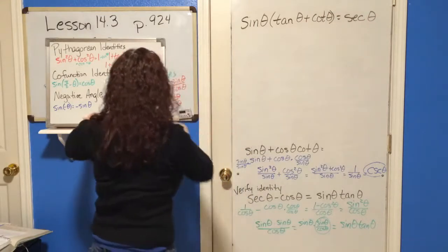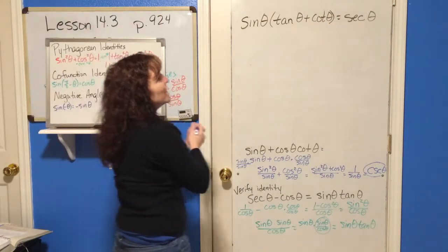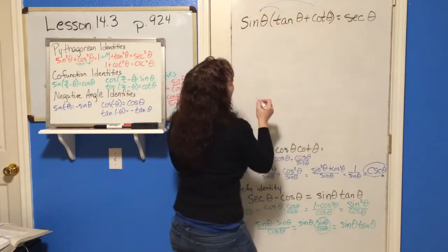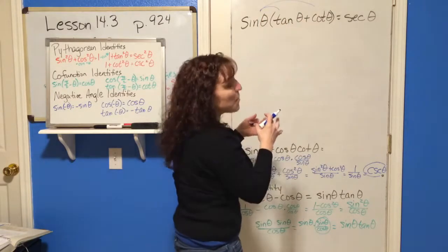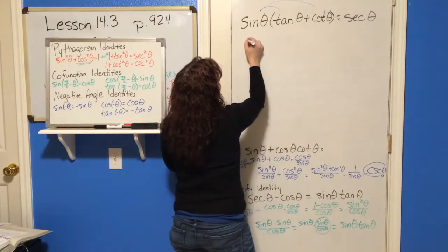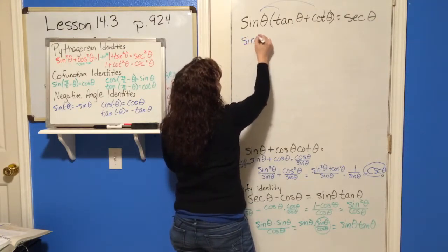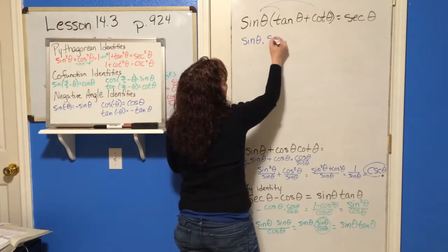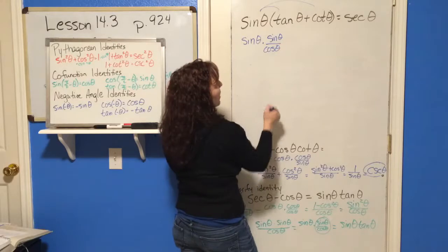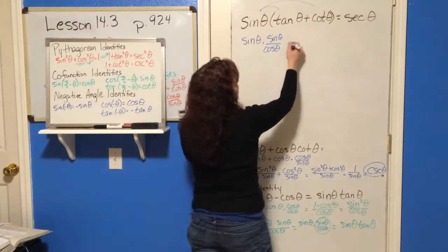So first, you're going to need to distribute that through. And in the same step, I'm going to use my identity and change that tangent. So I'm going to take sine of theta times sine of theta over cosine of theta. Do you see that's sine times tangent?